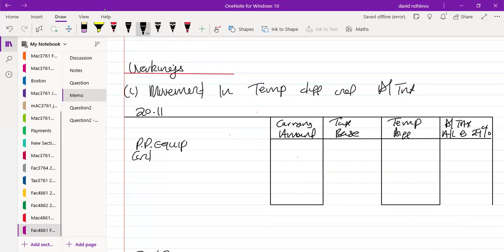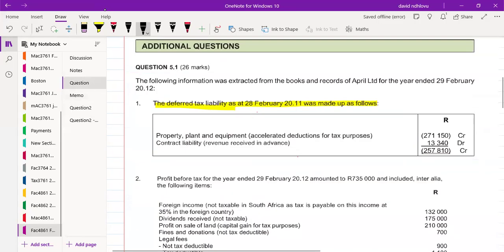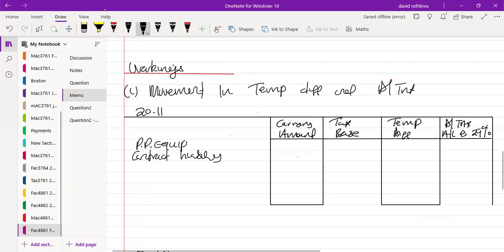Right, and contract liability in this instance, simply representing what? Prepaid income. This is revenue received in advance. So this one is a deferred tax of 271,150. It's already calculated.